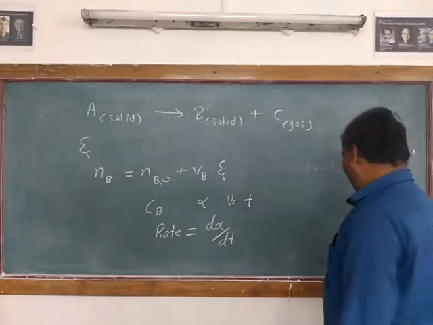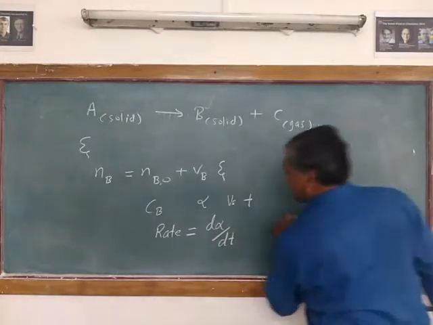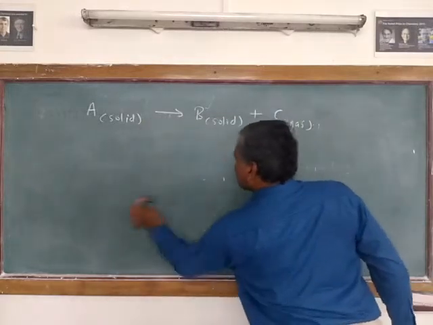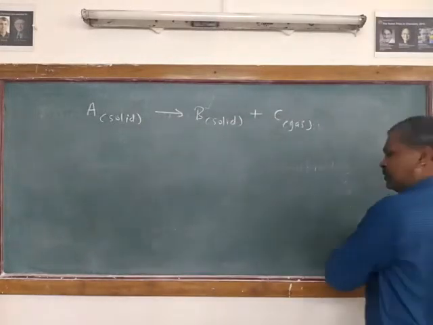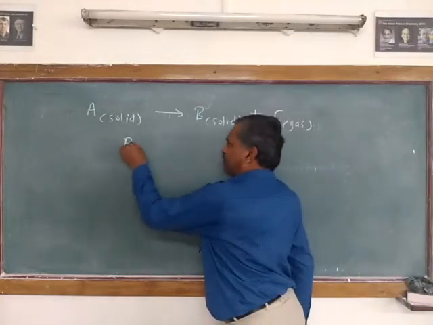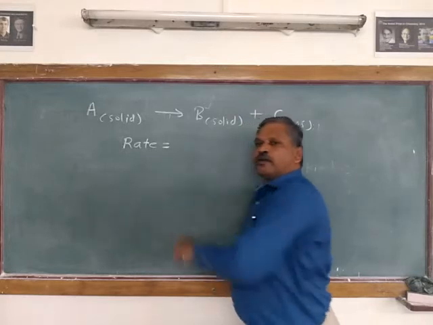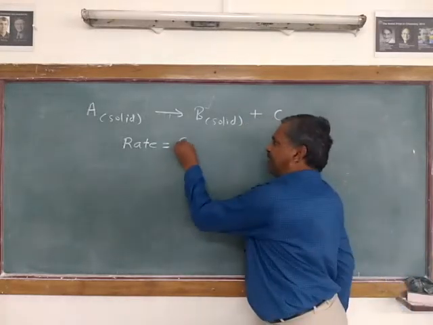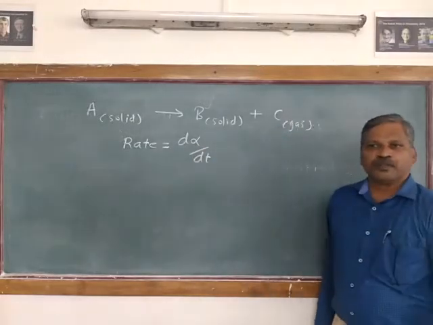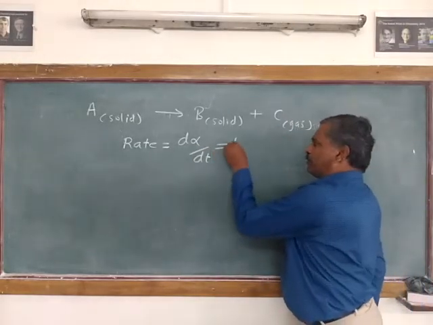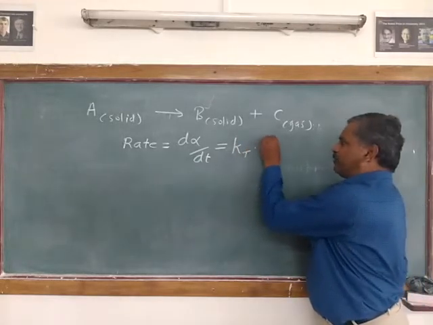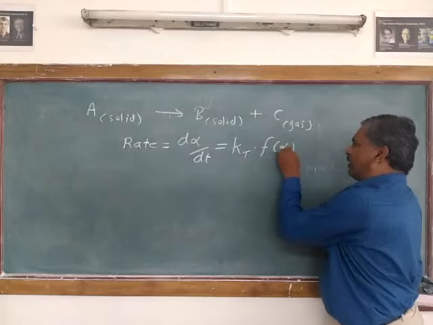It is therefore common to write rate as d alpha by dt equal to k(T) into f(alpha).